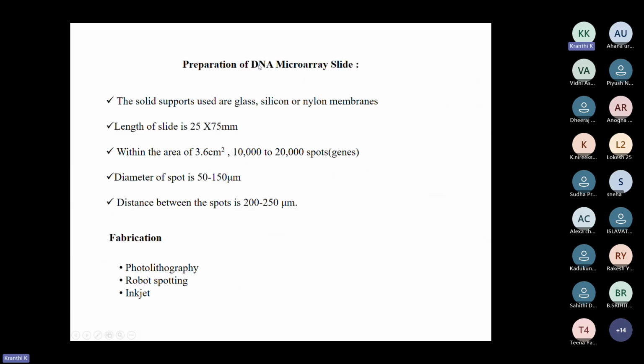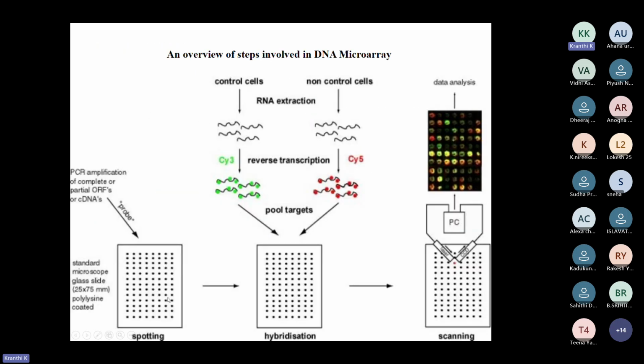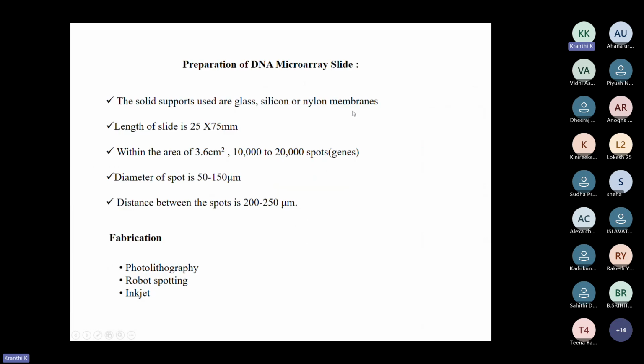So how to prepare this DNA microarray? The solid supports used are glass, silicon, or nylon membranes. The length of the slide should be 25 by 75 mm.